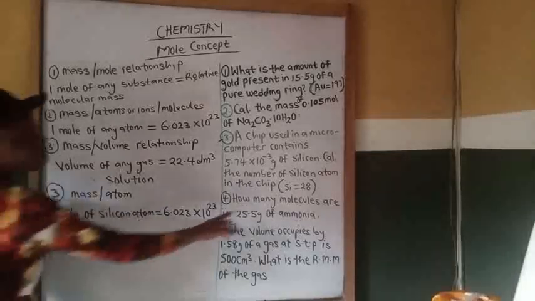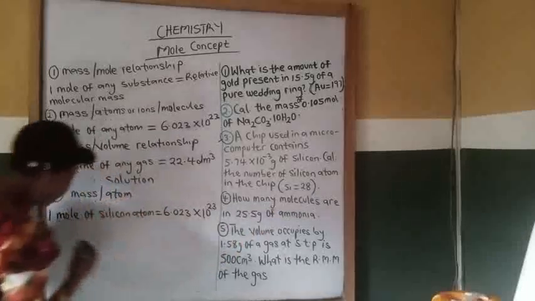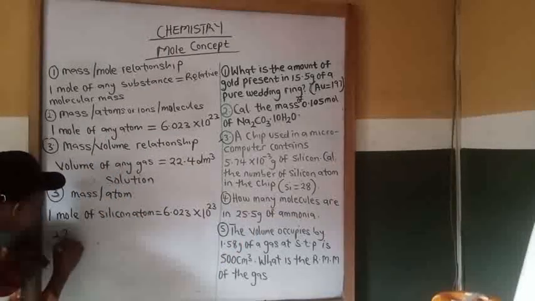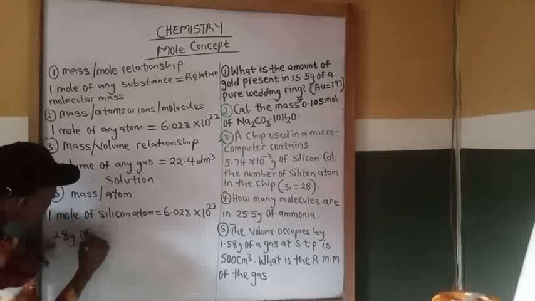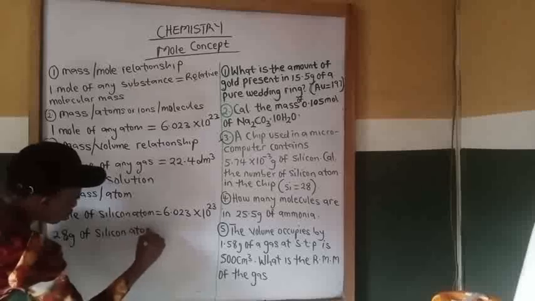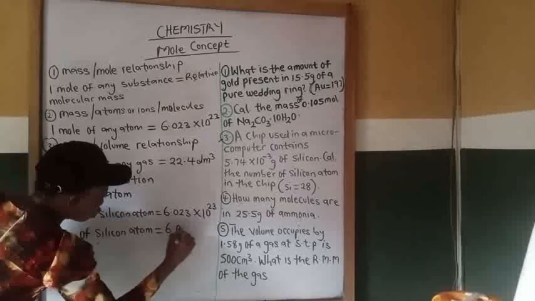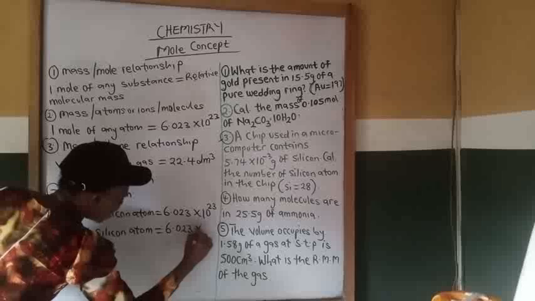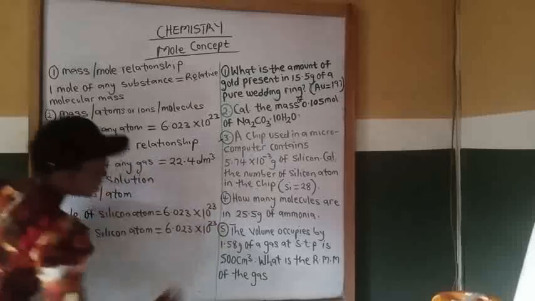Mass of silicon is 28. So I will now say that 28 gram of silicon atom equal to 6.02 times 10 raised to power 23.